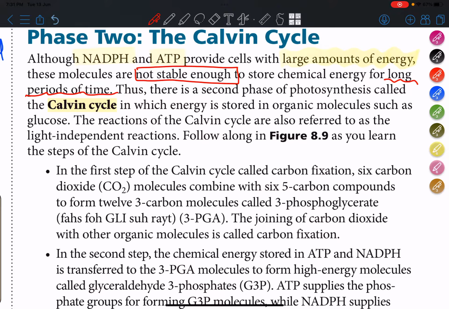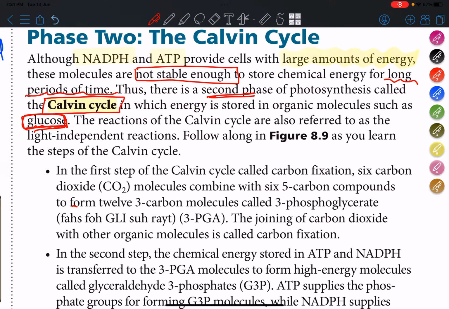Thus, there's a second phase of photosynthesis. Why do I have the second phase of photosynthesis, which is called the Kelvin cycle? Because I need to change NADPH and ATP into a more stable form. The Kelvin cycle is in which the energy is stored in organic molecules such as glucose.